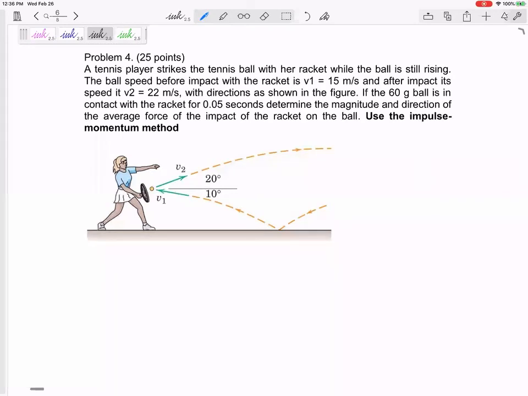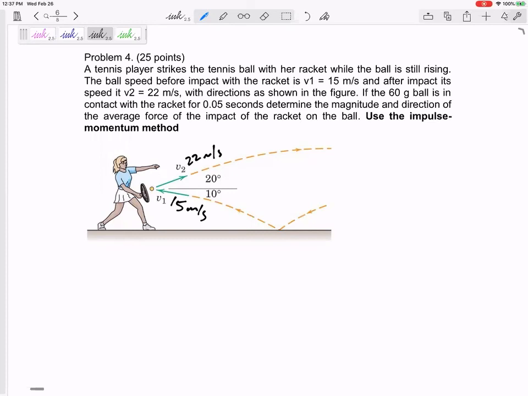All right, so you've got a tennis player that strikes the ball. The ball was going at 10 degrees this way before the collision. Immediately after the collision, it's going at, let's see, 15 meters per second before, 22 meters per second after at 20 degrees.